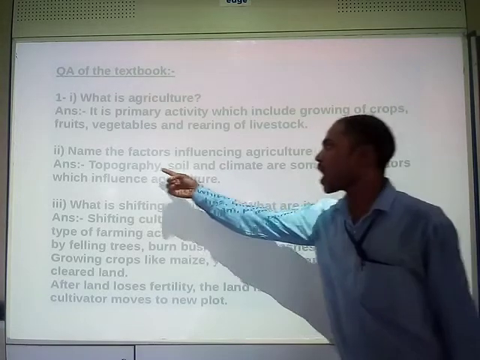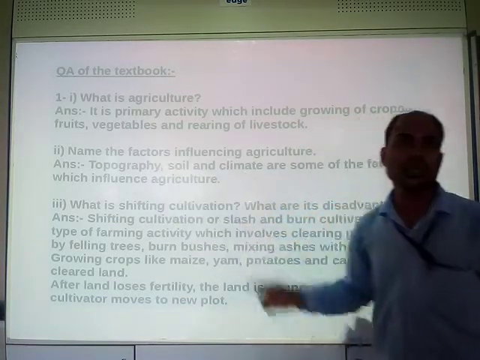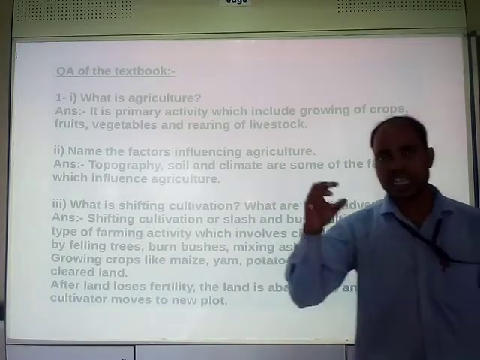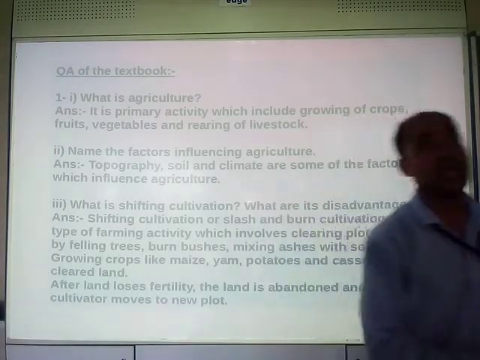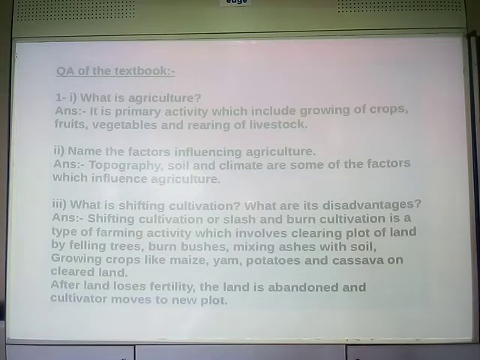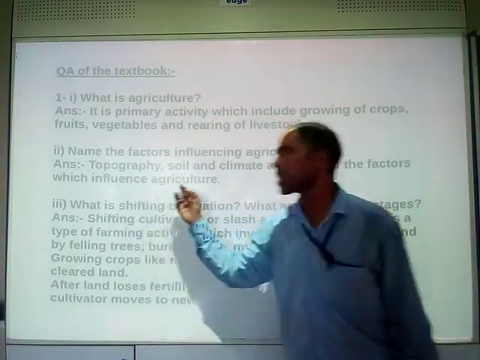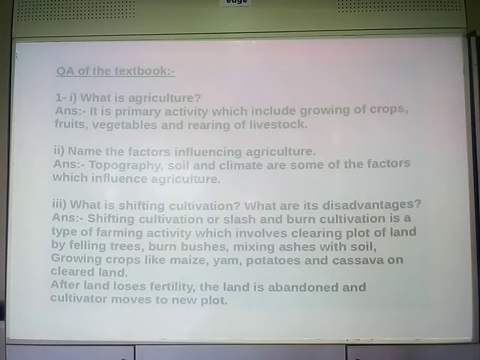So these are some of the factors that give an influence to agriculture, right? So it is topography, soil and climate. These are some of the factors which influence agriculture. Clear?